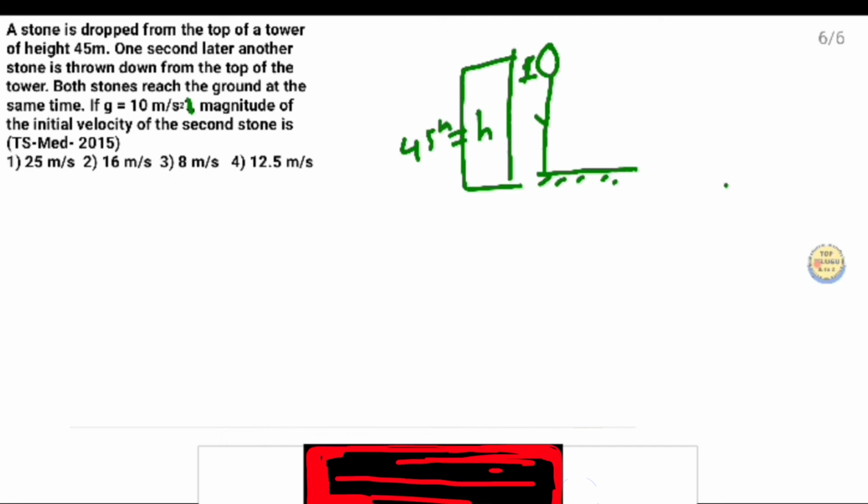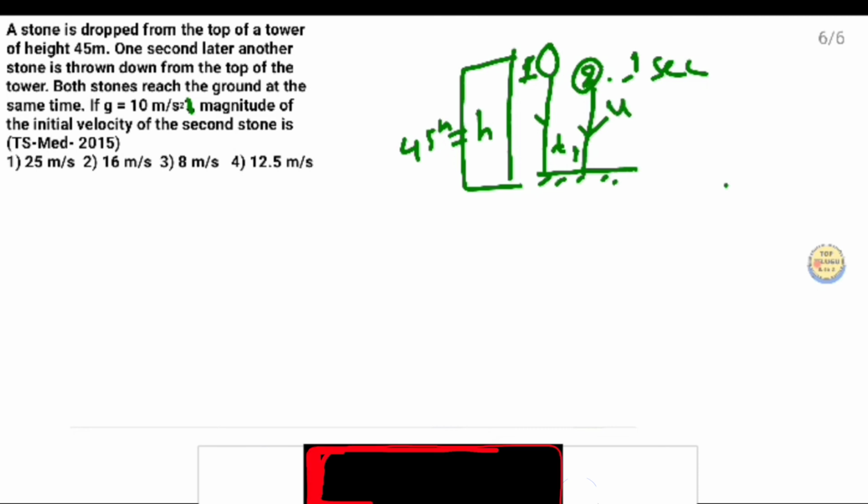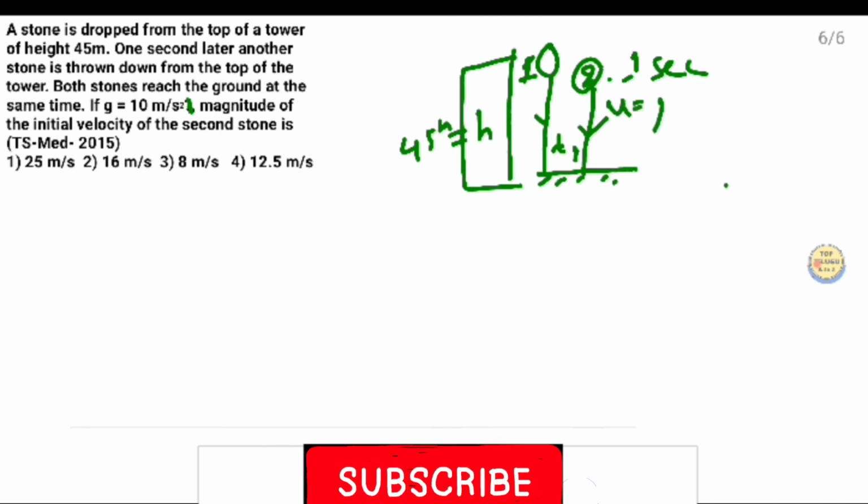The time taken to reach the ground is the same, that is t1, and 1 second later the second ball, another ball, is thrown down. So here we give some velocity u. Initial velocity of the first ball is 0. So the time the first ball takes is t1, and for the second ball it is t2.